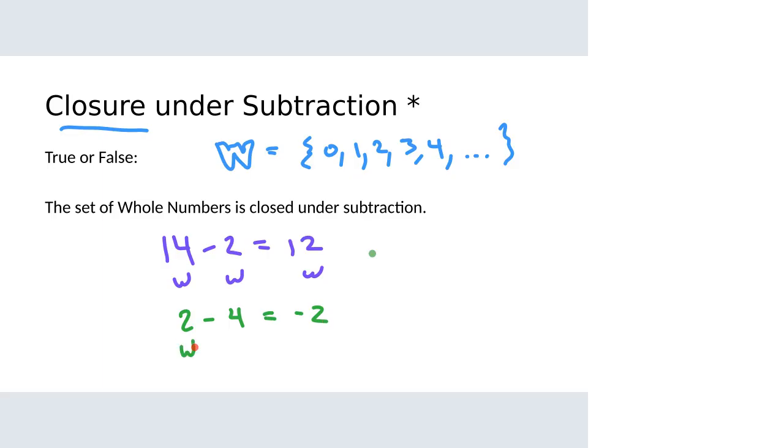Now I have whole number minus whole number, and this is not a whole number. Right here is a perfect counterexample. Is the set of whole numbers closed under subtraction? No, it's not. Right here is my proof that this has to be false, because I can do whole number minus whole number and get an answer that's not a whole number.